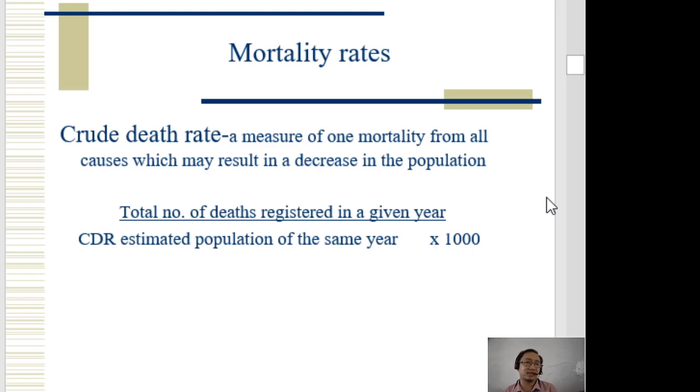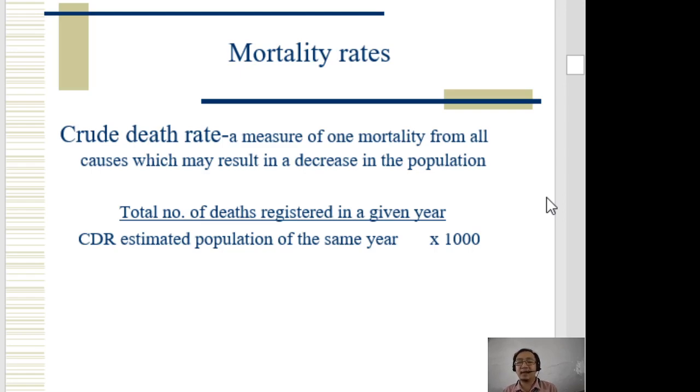Ibig sabihin, it's the most serious complication, the most serious result of having a disease. It's like saying the cause of death of a person is this disease, ano, kinamatay niya dahil sa ganitong sakit, instead of saying it's a natural death. Yun yung sinasabi, natural death because of old age.